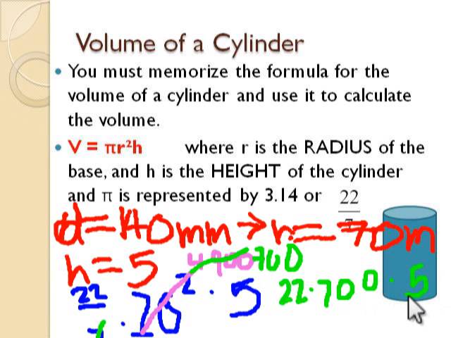And you can multiply that out. I don't have a calculator right here, but 22 times 5, I believe, is 110. I'm going to do it in a different order because it's easier for me to multiply like that, and it's easier for you too. Okay, so we're going to do 110 times 700.